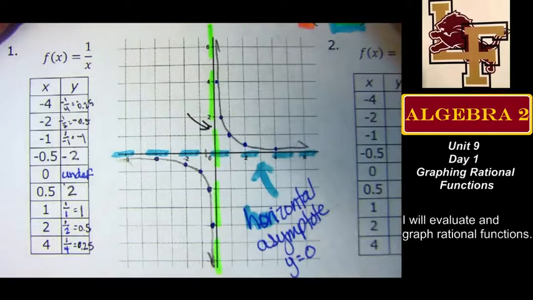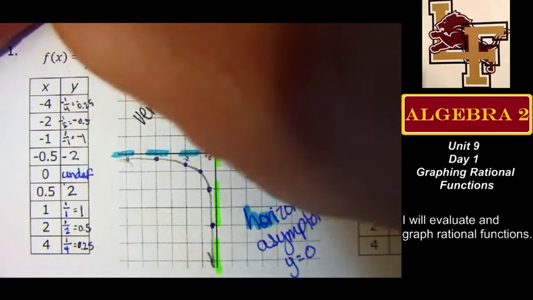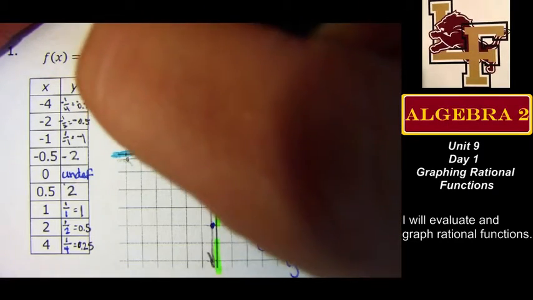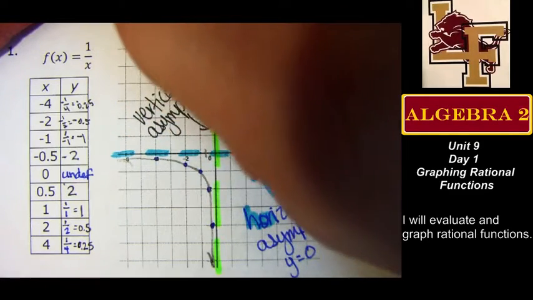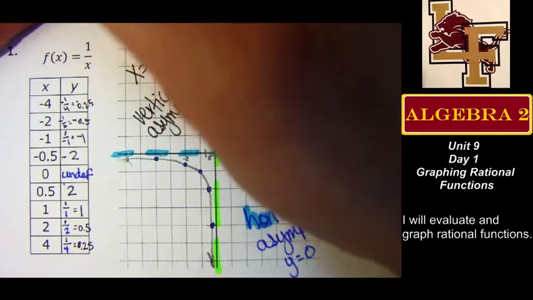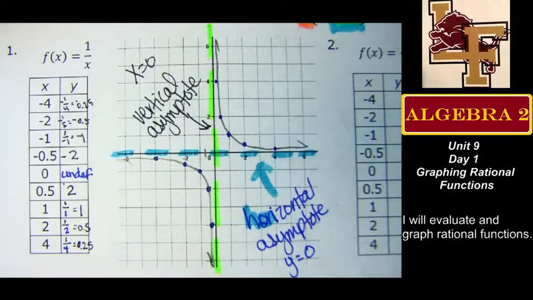What kind of asymptote is this? Vertical asymptote. Okay. And what would be its equation? X equals 0. So not only will we never result in a 0, we're not going to be able to put 0 into the function. So 0 is locked out for both domain and range. That'll come back later.